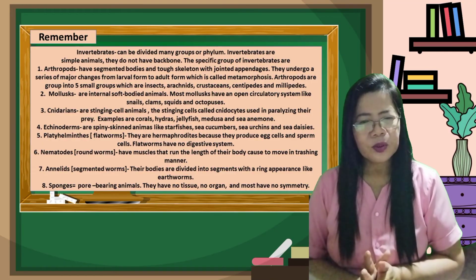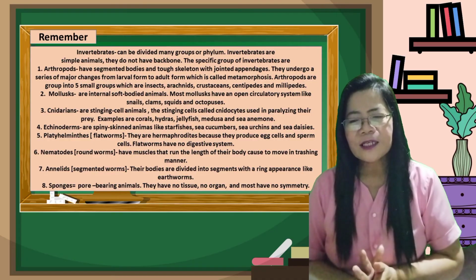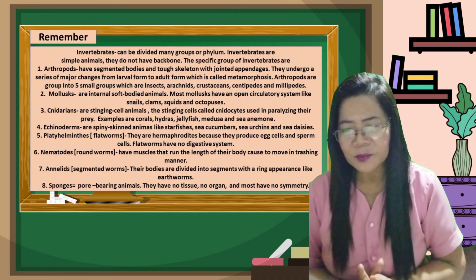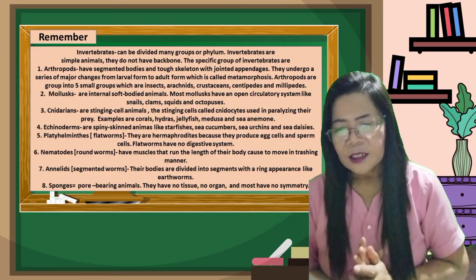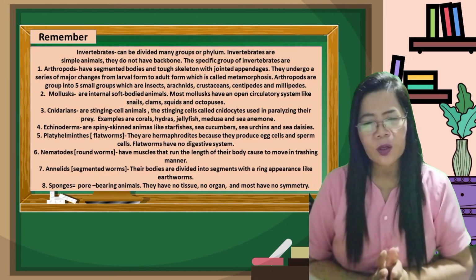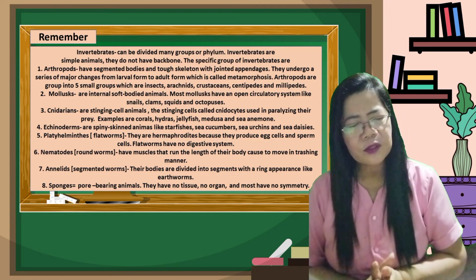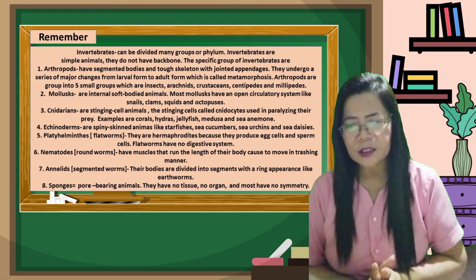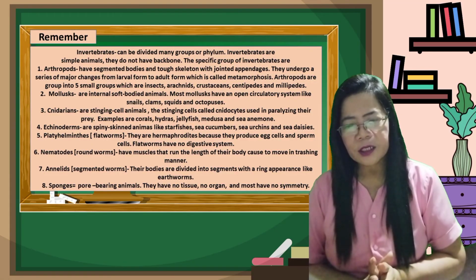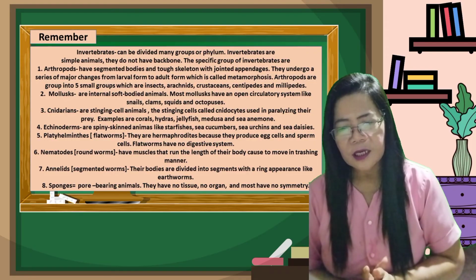The second group of invertebrates are mollusks. Mollusks are internal soft-bodied animals. Most mollusks have an open circulatory system, like snails, clams, squids, and octopuses. The third group are the cnidarians. Cnidarians are stinging cell animals.